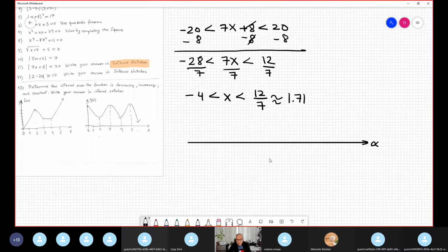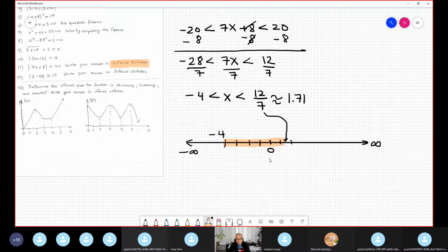Infinity positive, infinity negative. 0 here in the middle. We have negative 4, negative 1, 2, 3, and 4. And 1.7 is between 1 and 2, close to 2. It's approximate. That number is approximately here. Okay, so our interval is this solution interval.